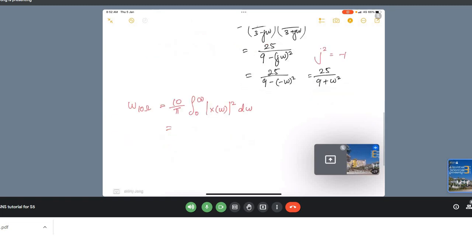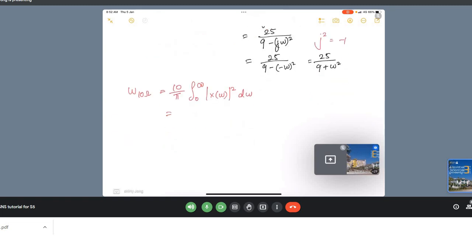Okay, so omega squared we know is 25 divided by 9 plus omega squared. So we have 10 over pi integration of 25 over 9 plus omega squared d omega.